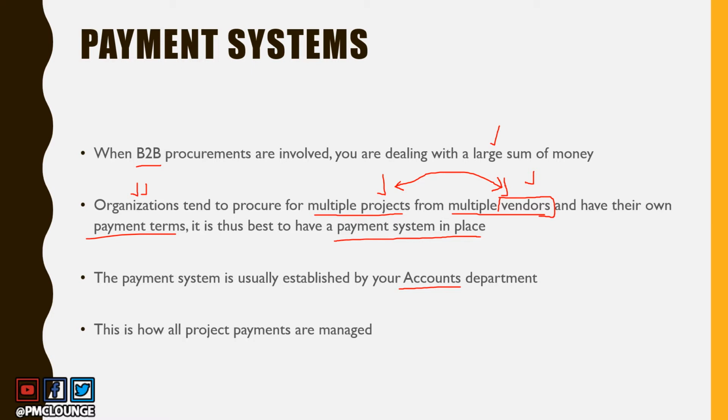But you need to understand that the payment system is how project payments are going to be managed. And remember the complexity here: multiple projects, multiple vendors, and several types of payment terms, right? That is why, to handle this complexity, you've got payment systems to make sure that project payments are made appropriately.